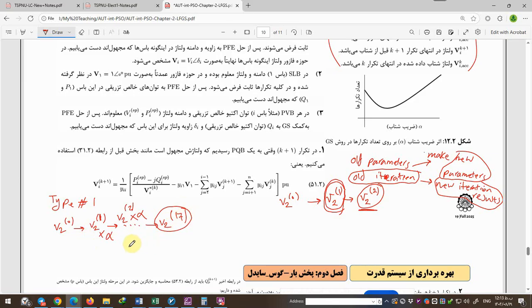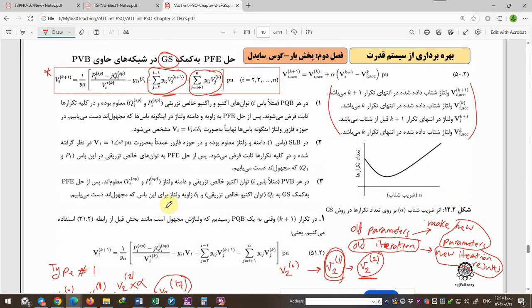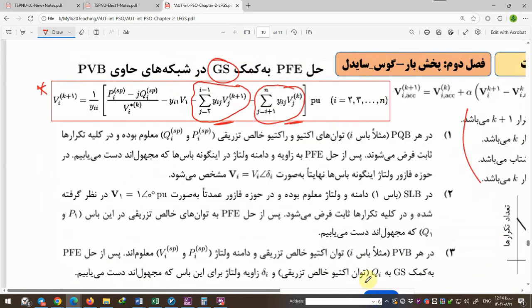And for example, after 10 iterations, we catch the final results. This alpha is called the acceleration multiple. The acceleration multiple is applied like this.